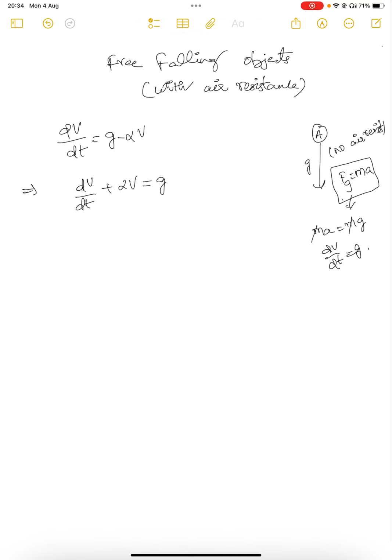This looks like a differential equation of the form dy by dx plus p of x into y equals q of x, for which we have solutions readily available. We just need to multiply with an integrating factor, mu of x, whose formula is e power integral p of x dx.